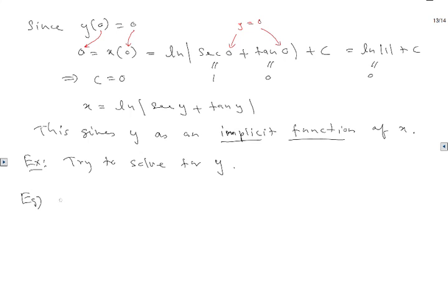So let's say find the general solution of y prime equal y squared minus y minus 2. This problem is also very similar, but there's a factoring here. So how to do this?